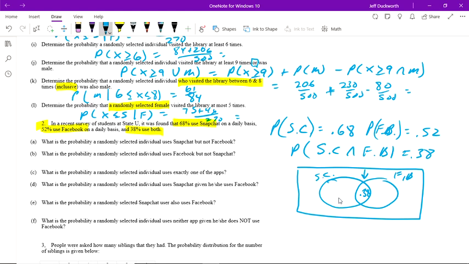And we know all of Snapchat is 0.68, so this area here is 0.68 minus 0.38, which is 0.30. And this, we'll do in a different color. Facebook is 0.52 minus 0.38, which comes out to 0.14.